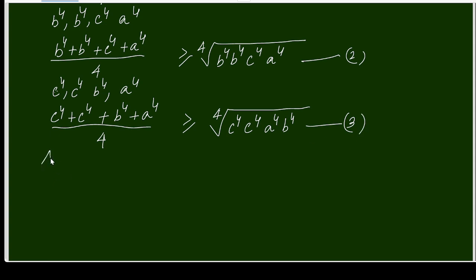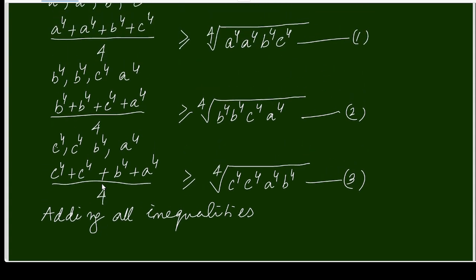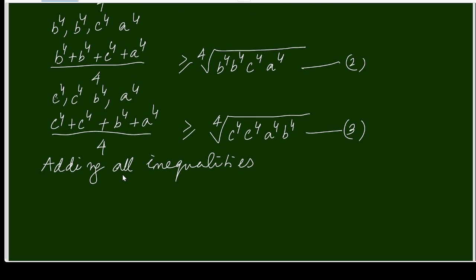Now we'll add these three inequalities. On the left side, how many a^4 will I get? Here it is 2, here it is 1, here it is 1, so 4.